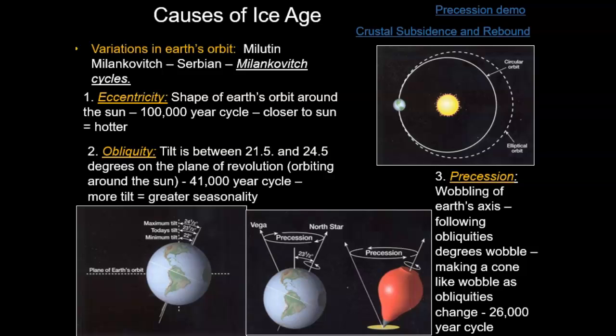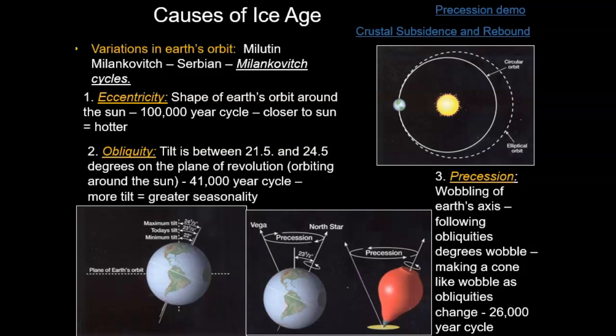From these cycles, times of minimum and maximum temperatures based on seasonality can be found, which is what Milankovic did when he formulated this mathematical idea.